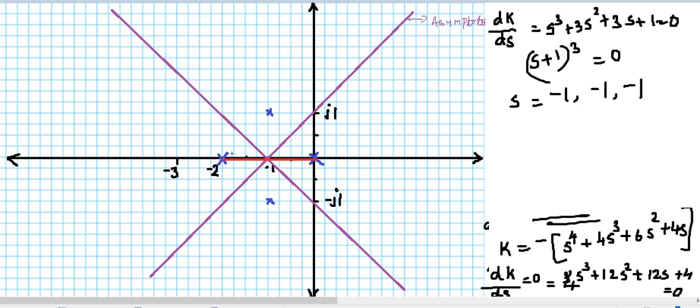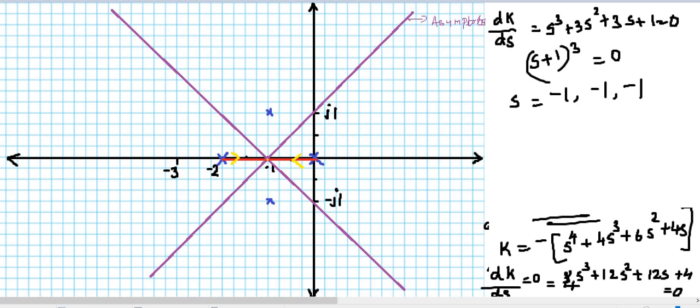They will then go asymptotically to infinity through the asymptotes, because we already have the centroid again at minus 1.